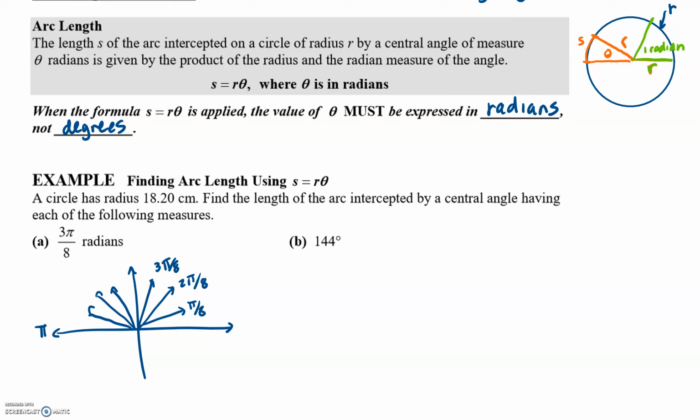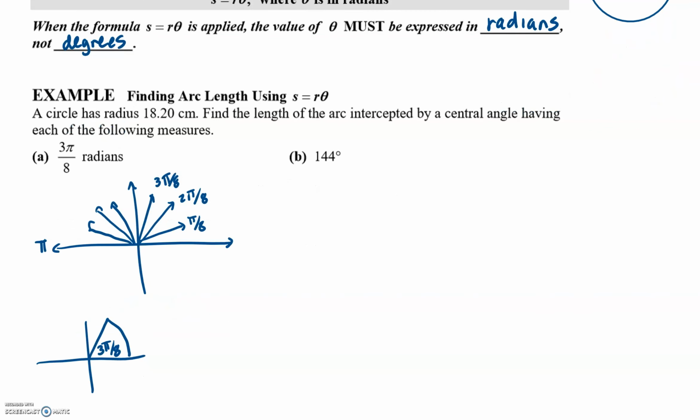So 3 pi over 8 is an angle in the first quadrant. And the circle had radius 18.20 centimeters. So I drew a little arc here. They want to find this arc length, that S. So we're going to just use our formula.